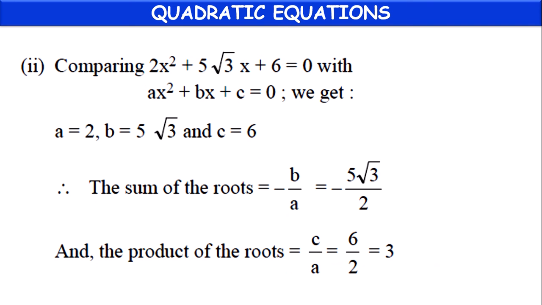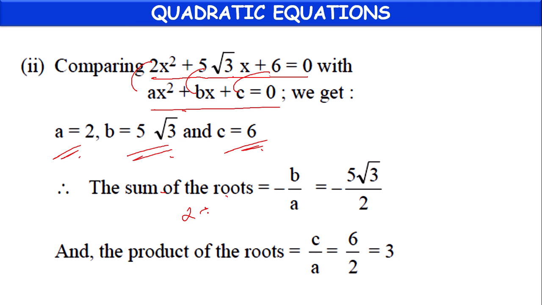Next one, second equation. So the equation is 2x square plus 5 root 3x plus 6 equal to 0. If we compare it with the general form, in the place of a we have 2, in the place of b we have 5 root 3, in the place of c we have 6.